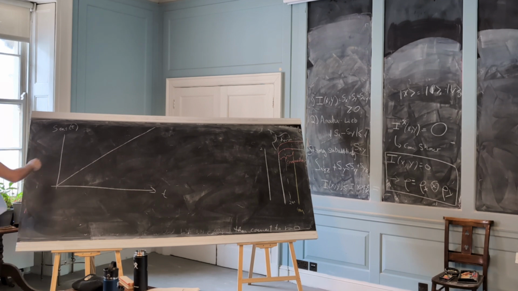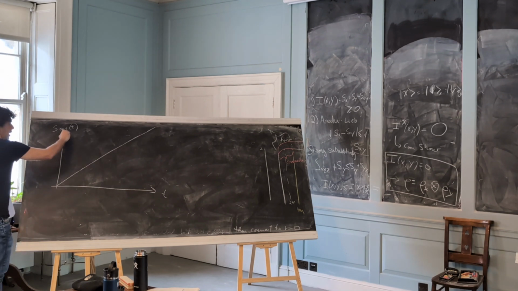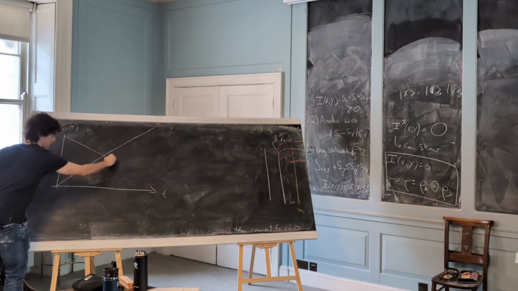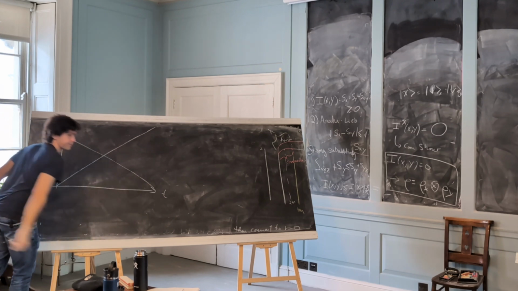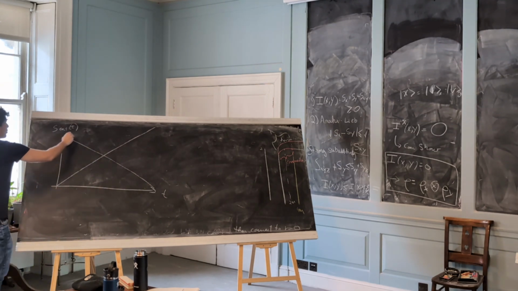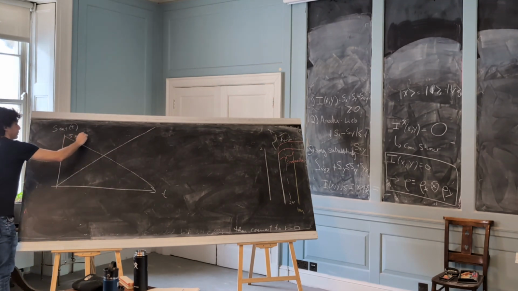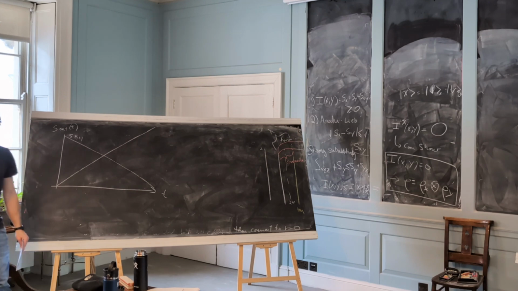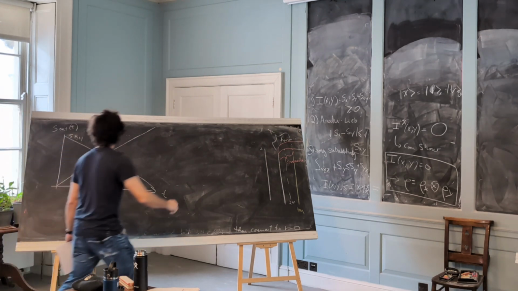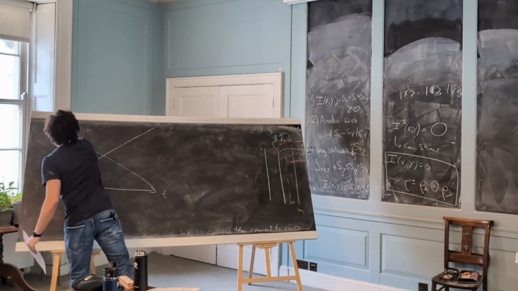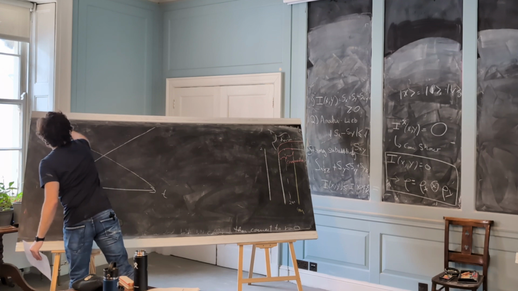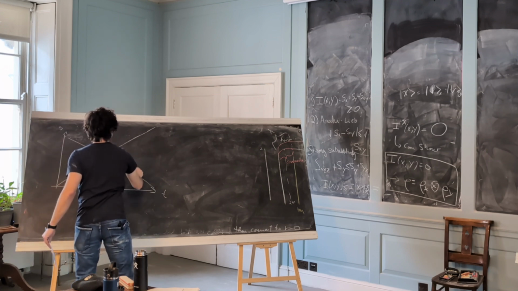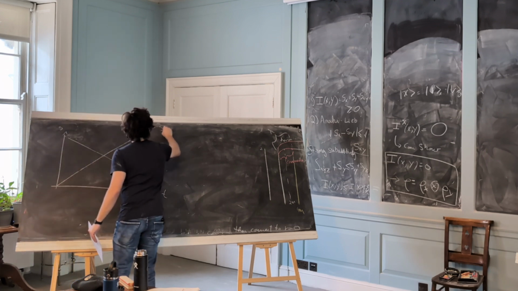And if I look at the black hole entropy as a function of time, it'll look like this. This is the black hole entropy. This is the entanglement entropy. So this is S. This is S black hole. This is S entanglement.